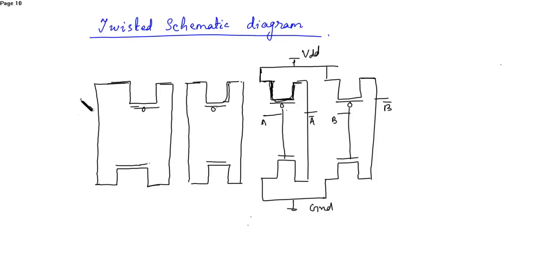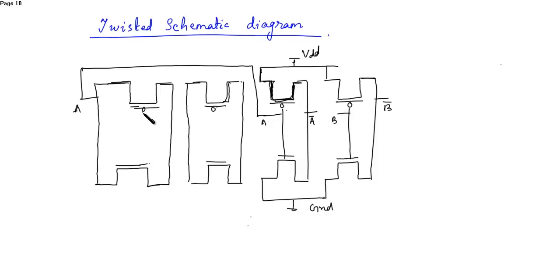This is input A, which will be connected to this. Okay. Now, before that, the gates are not joined.